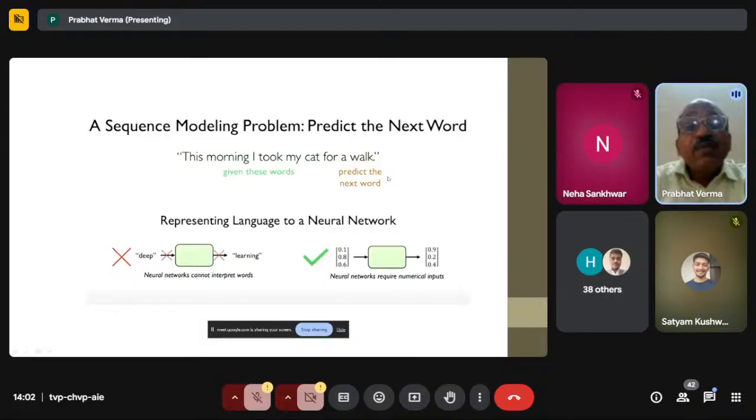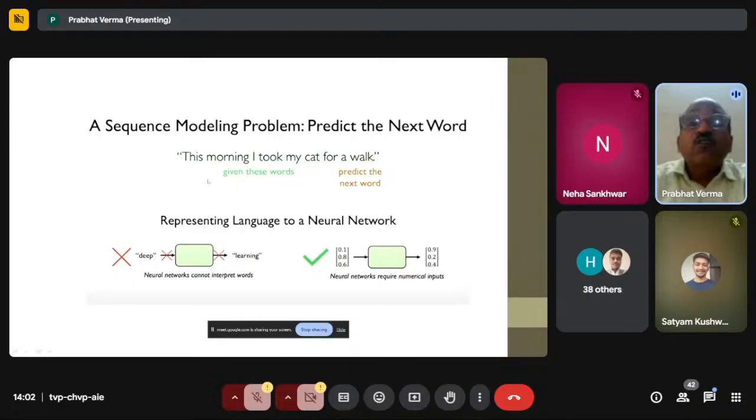But the problem is that in a neural network, you cannot input words or text. A neural network cannot interpret words. So how should we input this information to the neural network?